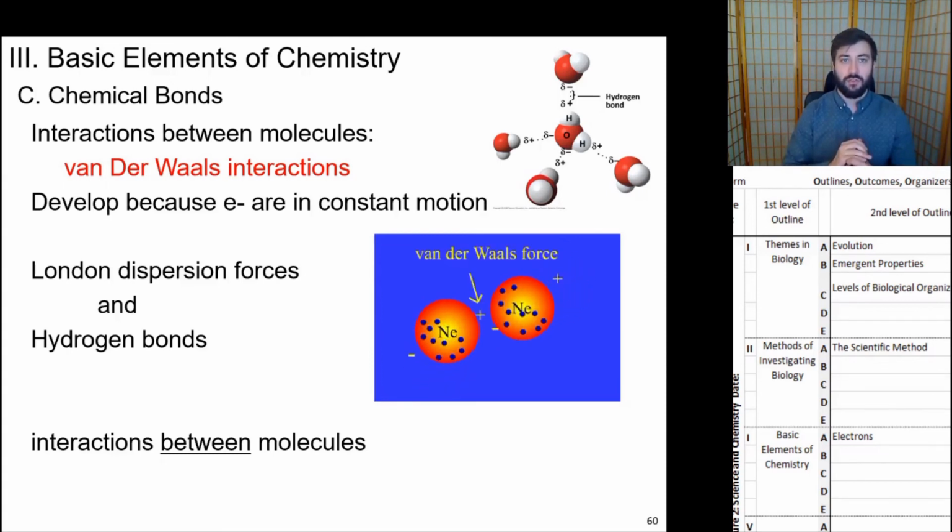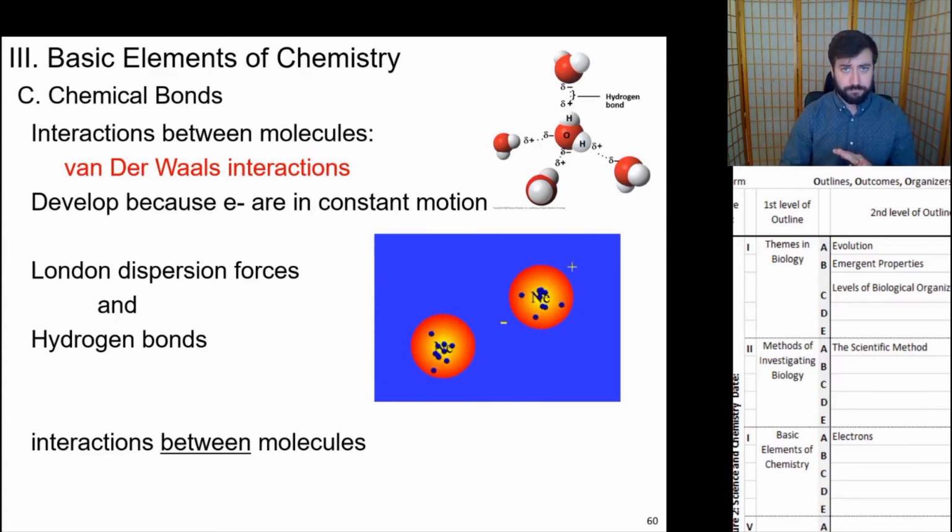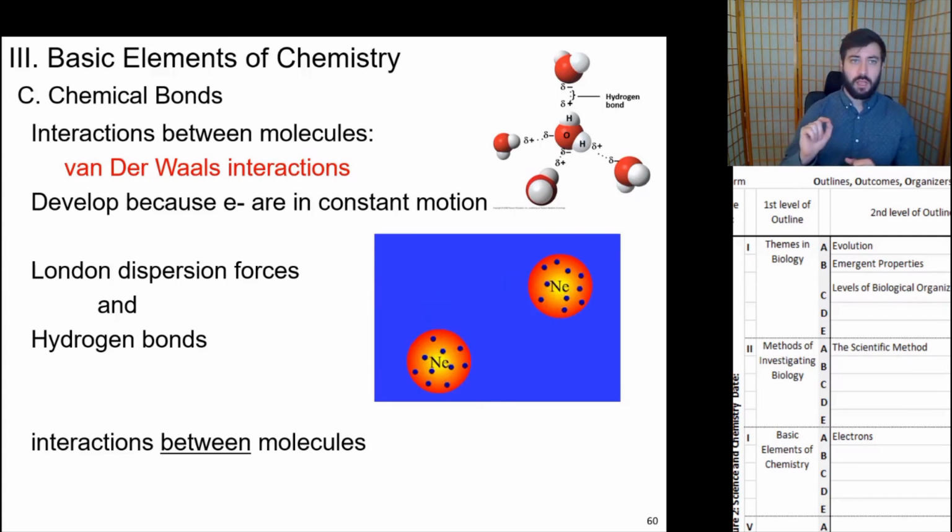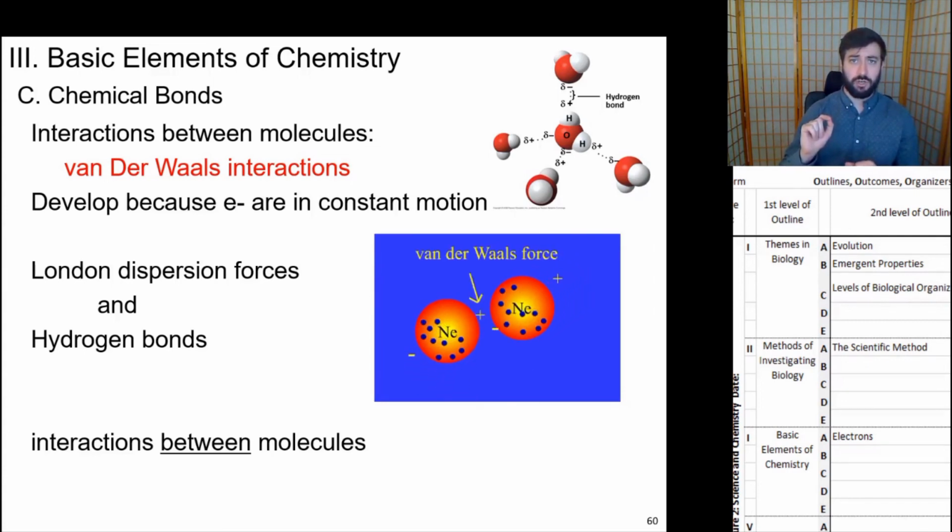There's a couple of different types of van der Waals interactions that we talk about. London dispersion forces, which we don't really talk about so much in general biology. And then hydrogen bonds are the big one that we talk a lot about in general biology, and we're going to talk a little bit more about them in lecture 2.3 just coming up.